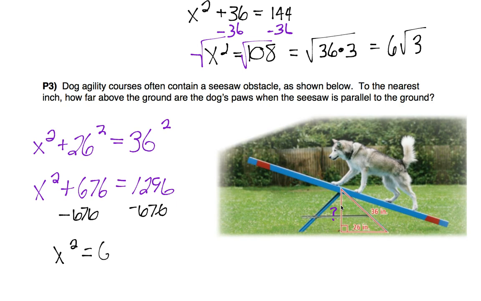That gives us 620. Square root both sides. Now this said to the nearest inch, so that's going to be 25.